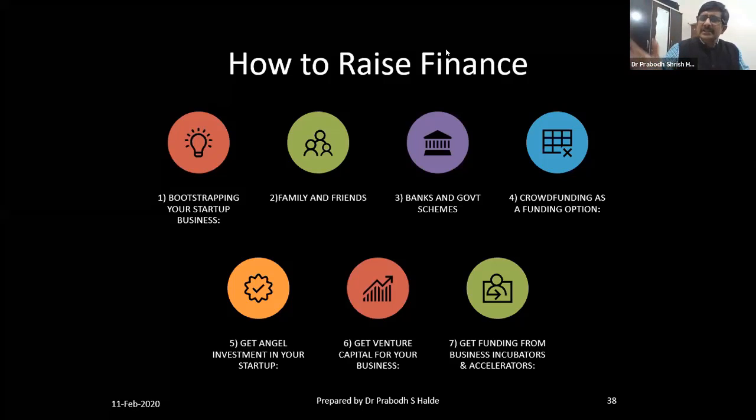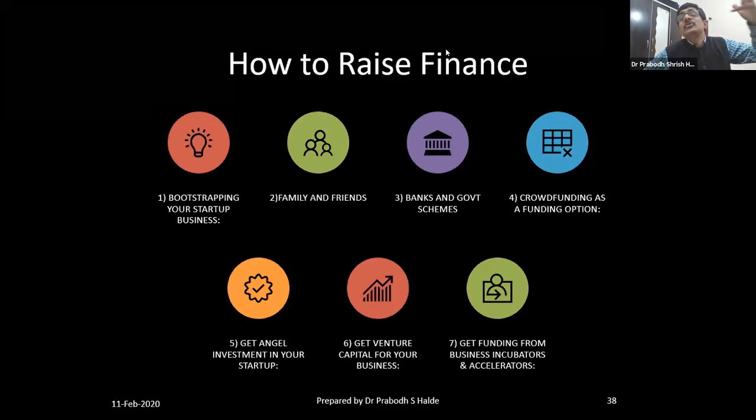So many ideas, so many professionals are available to guide you properly, but your startup should have some kind of good attraction and there should be a story. The big part about your startup is that there should be a story about it. Story means a future story, that this startup will shape up like this, and people should believe in that story. So you need to have good marketing skills, at least about your startup.